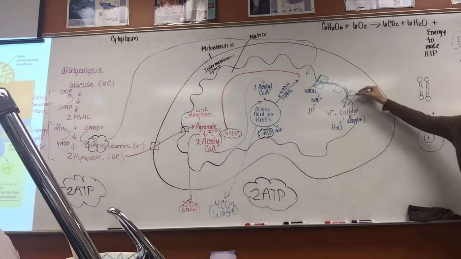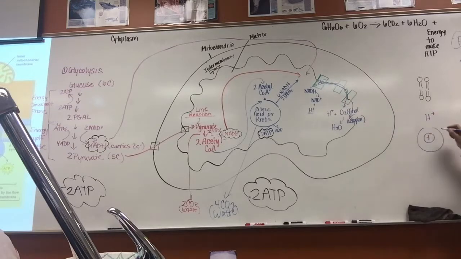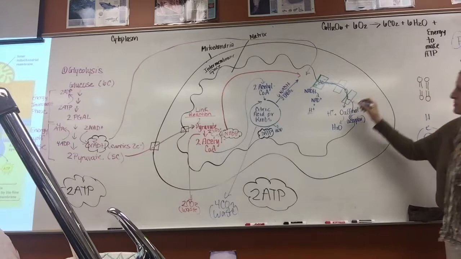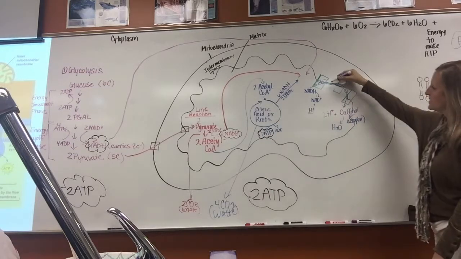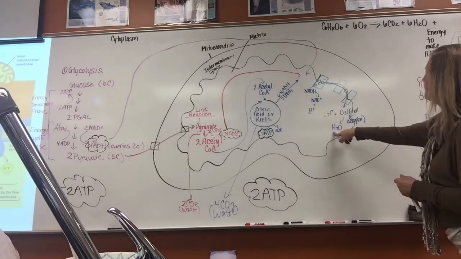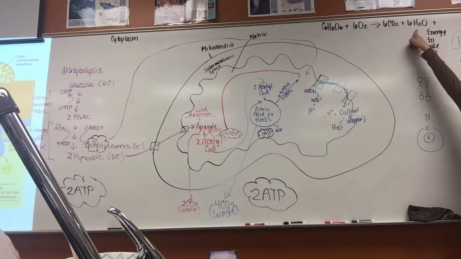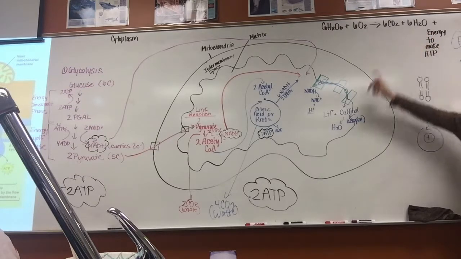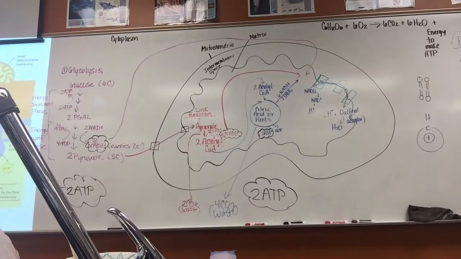So then the electrons come through, an electron meets with the H plus, and you get an H. And then the other electron, I should put your 2 H pluses, meets another H plus, and you get an H. So you get hydrogen atoms being made, and those hydrogen atoms are going to meet up with the O2 to make H2O. So this is the H2O here, that's coming off of here. That's the electron transport chain.